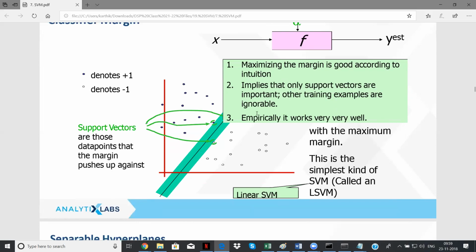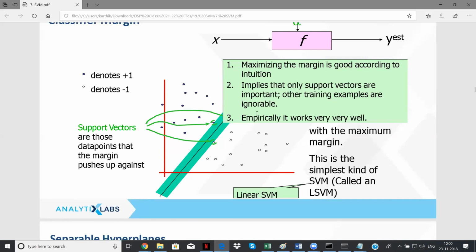Here you have to remember one thing: the entire equation depends on just the support vectors. Other data points can be happily ignored. Once I decide on my support vectors, it's okay if I don't have any other data points. These support vectors alone can help us determine the class of an unseen data. This is the principle of support vector machine.